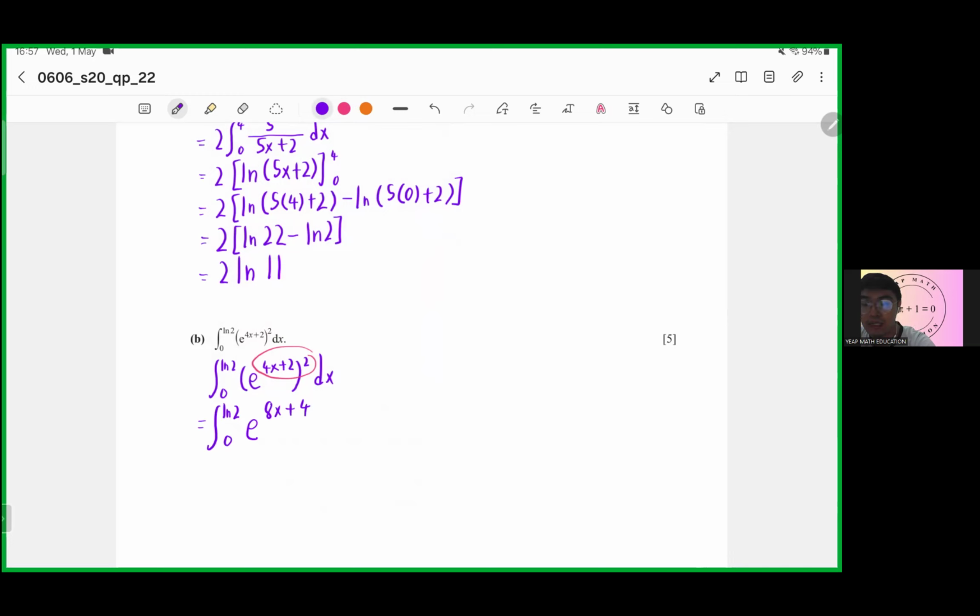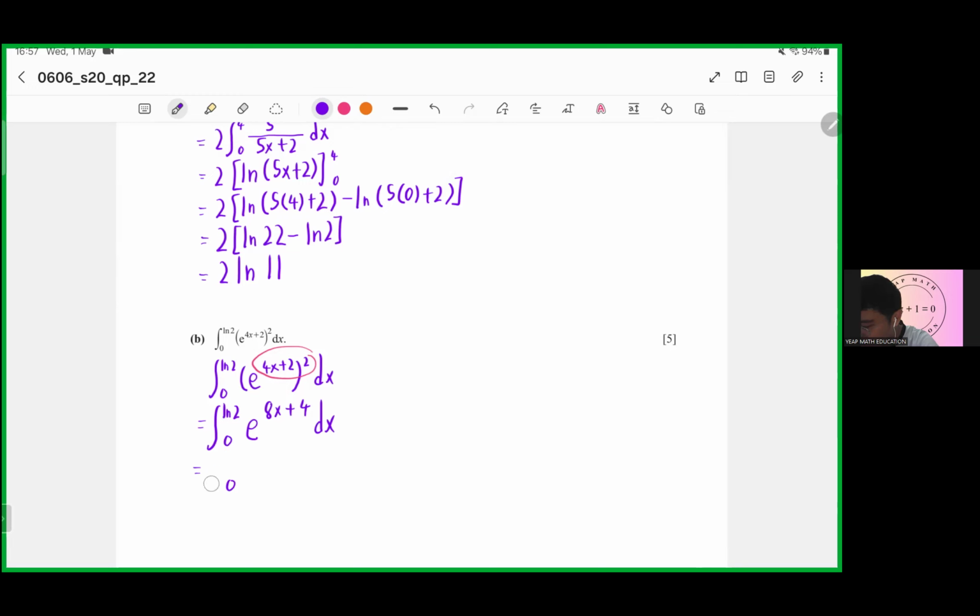This follows the law of indices. I hope you can understand it. Just take it as a division part.